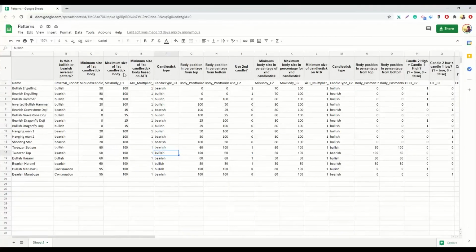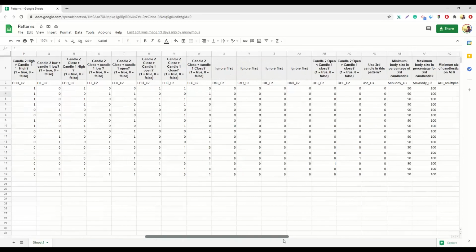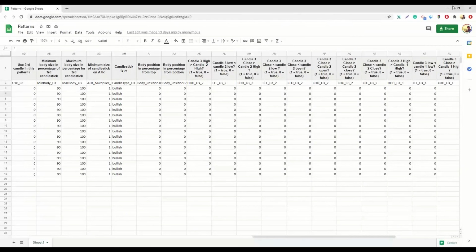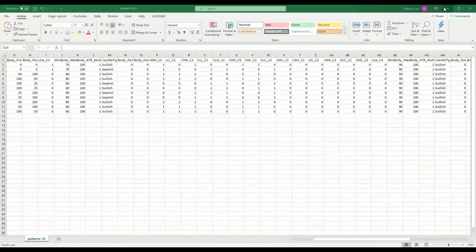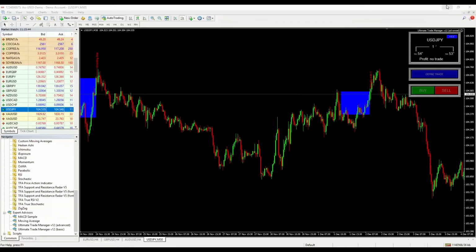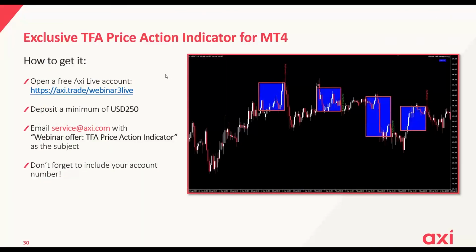I actually put it into a nice little slide for you guys, to explain what each of these fields means, whether you want to use one candle, two candles, or three candles. It's a pretty big undertaking, so it's not going to be for everyone, but it's one of the best and most flexible indicators out there, guys.